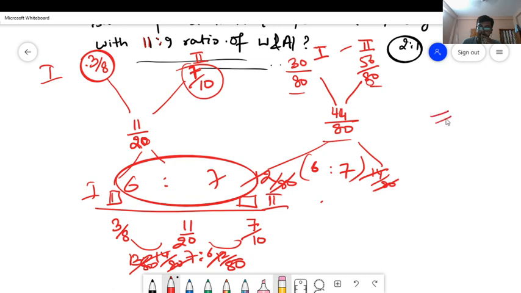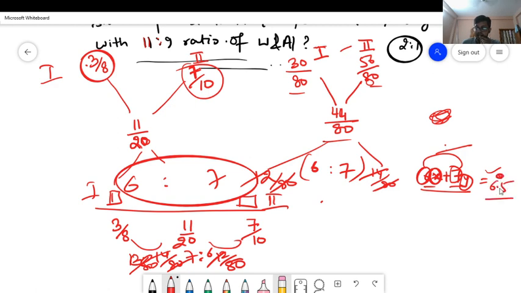Take the concentration of one or of two, the concentration will come the same. Look, if I say that I did 6x plus 7y, and if I know the value of x or y, and 6 and 7 are the ratios of water only, and if I know the final concentration is 6.5, I can find the water concentration. 6 into ratio of this, 7 into ratio of this will give the 6.5 water concentration in the final mixture.